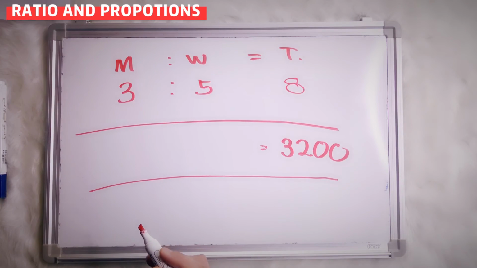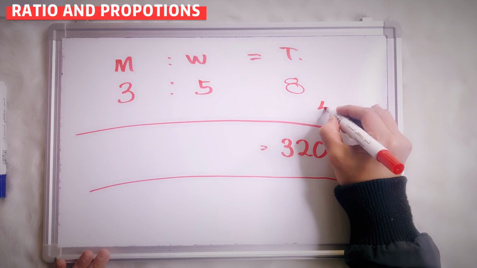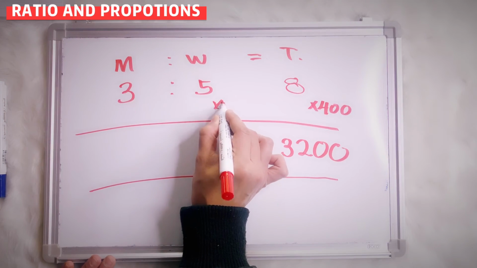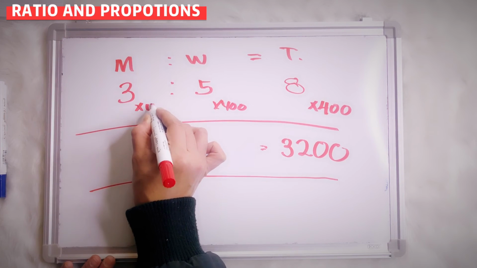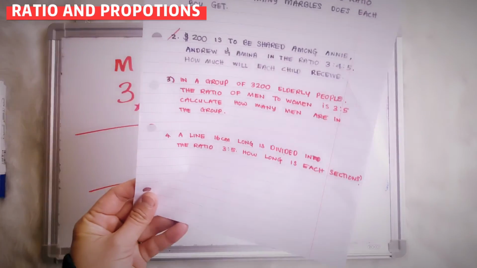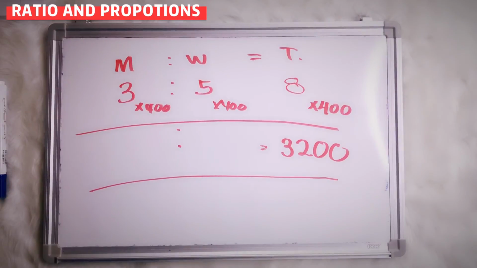Now, 3,200 divided by 8, you will have 400. So that means you multiply with 400 here, and 400 also here. The question asks you, calculate how many men are in the group, so we want to find out men.